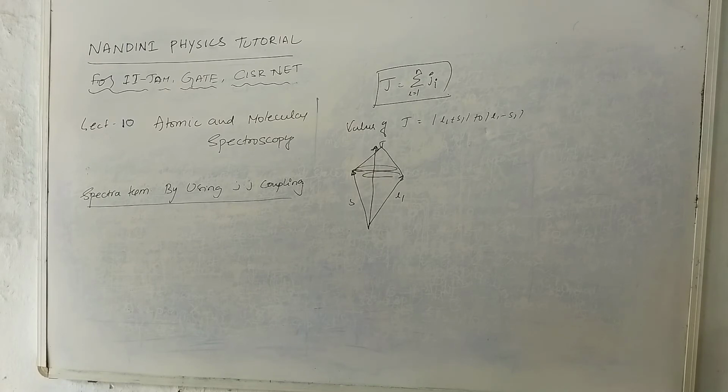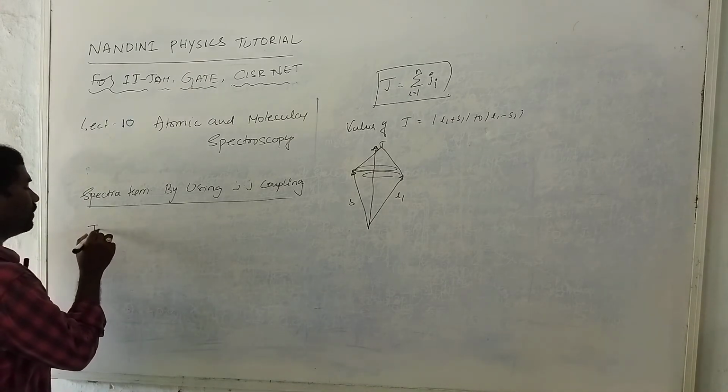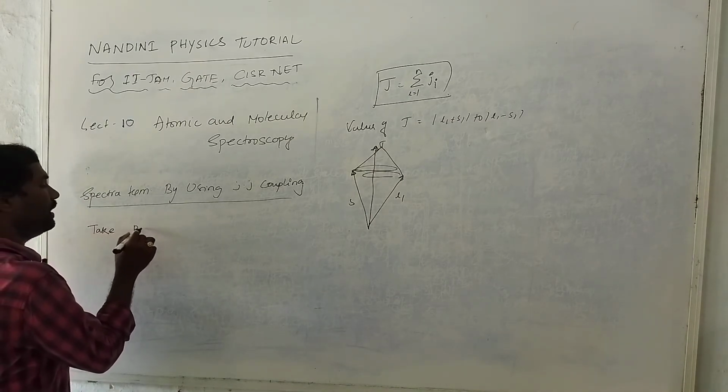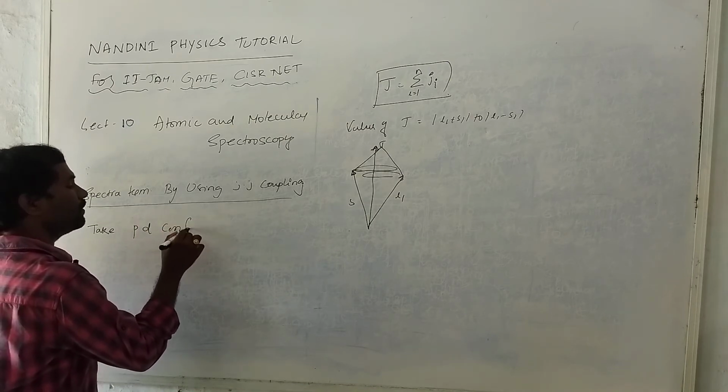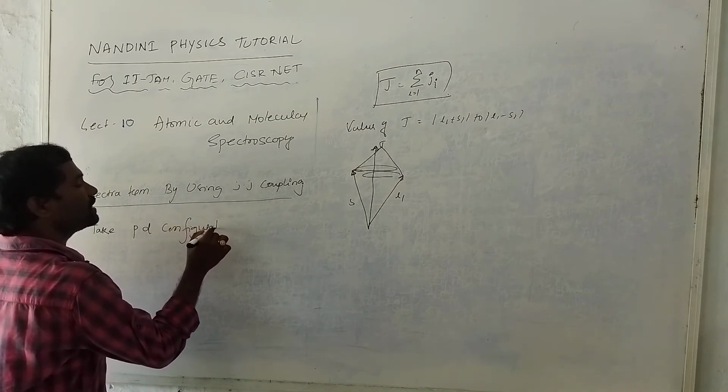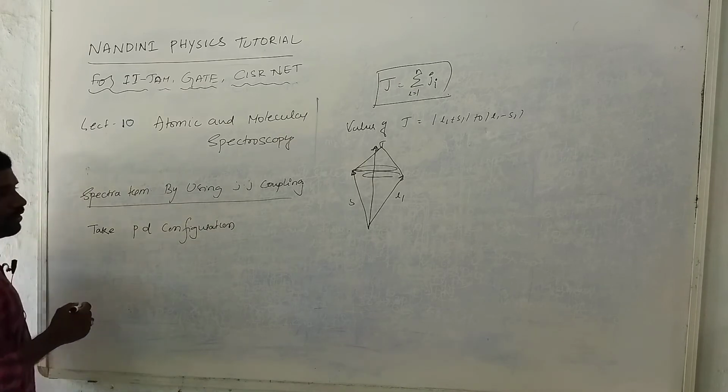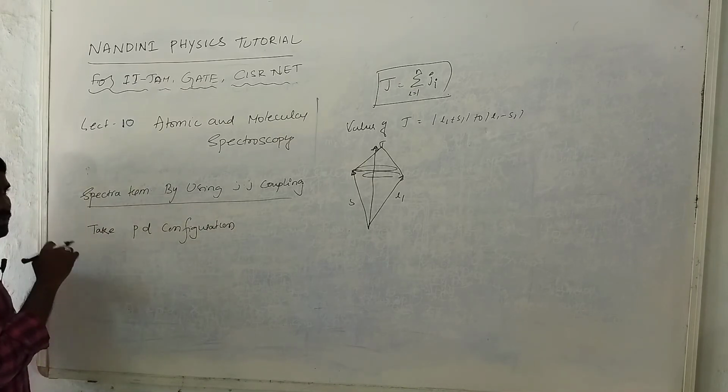In that pd configuration, what are the L values? Using the pd configuration, I explain JJ coupling and the spectral term.